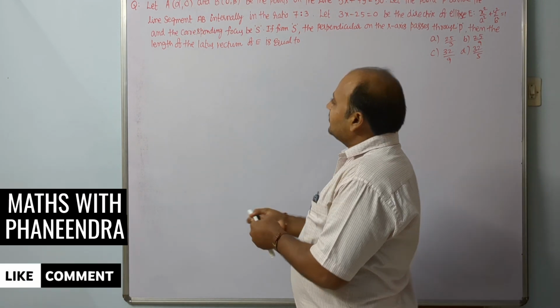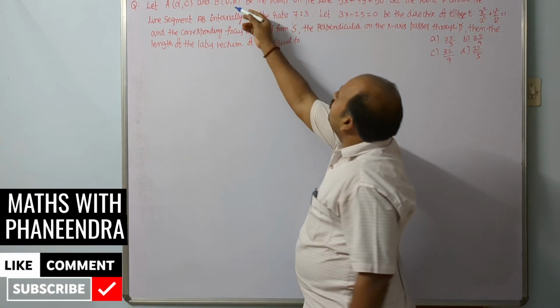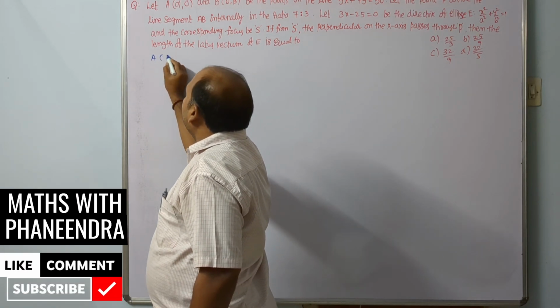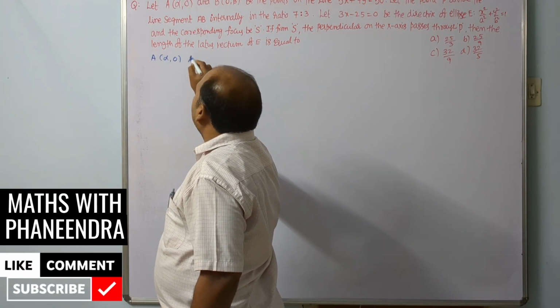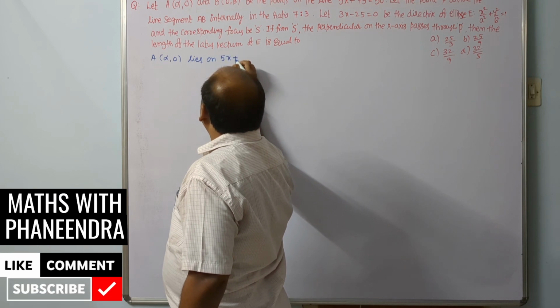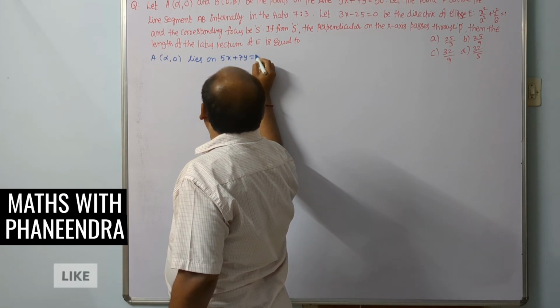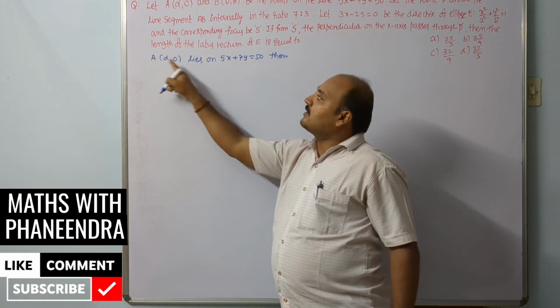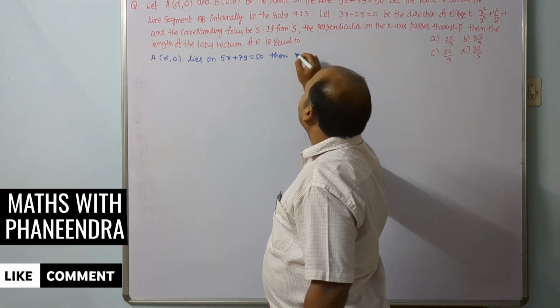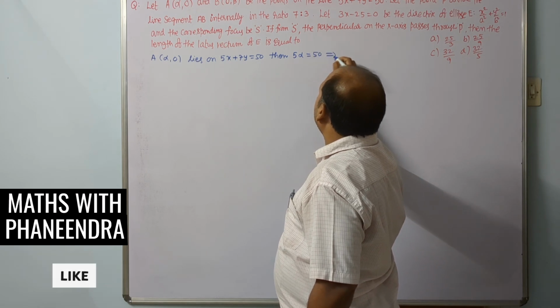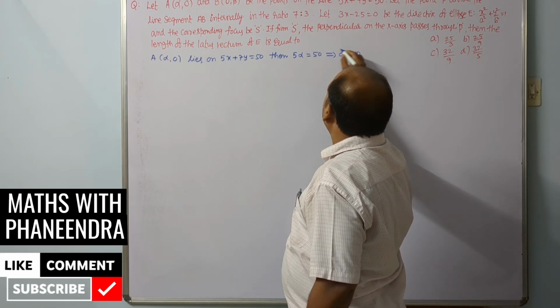See here, first these 2 points lie on the axes. A(alpha, 0) lies on 5x plus 7y equal to 50. Then in place of x and y substitute alpha and 0. Then 5 alpha equal to 50, that implies alpha equal to 10.